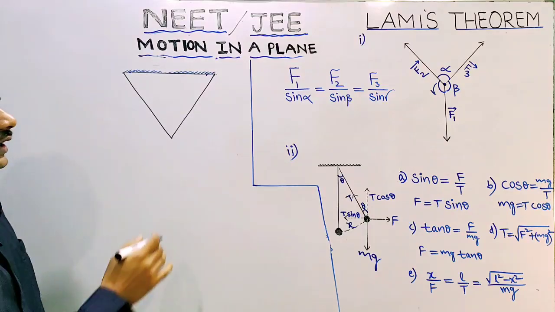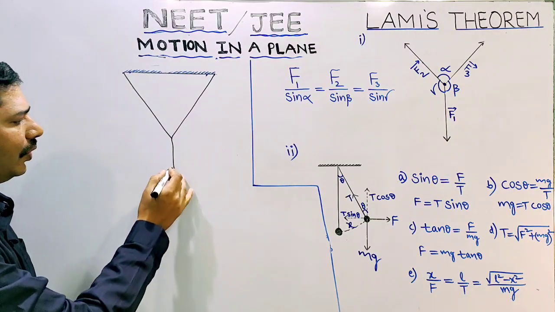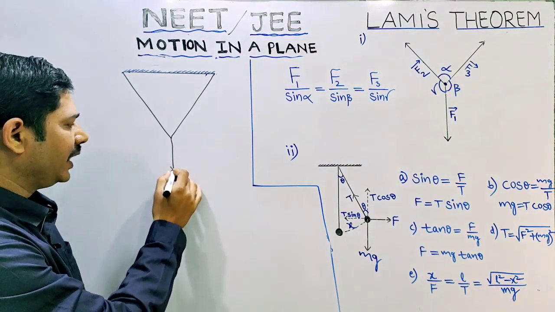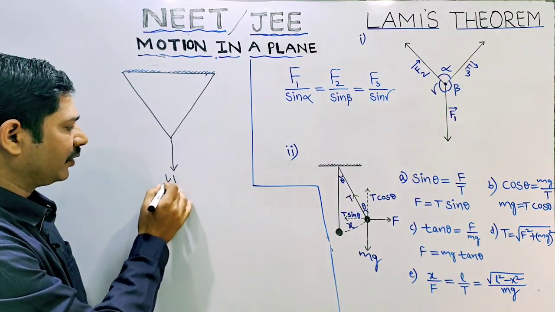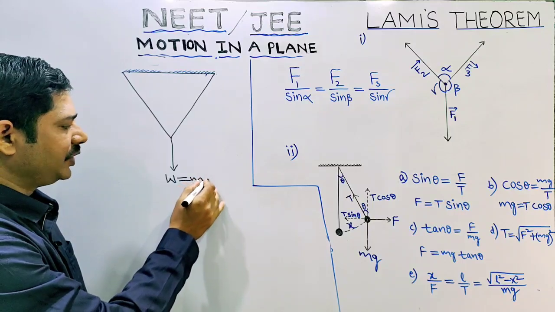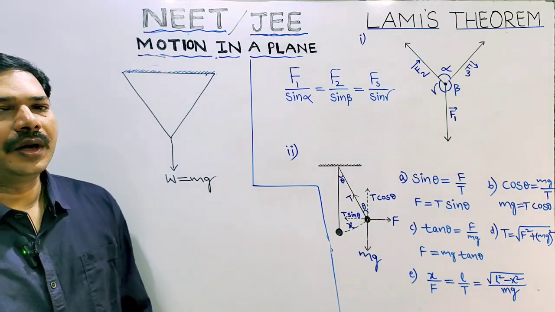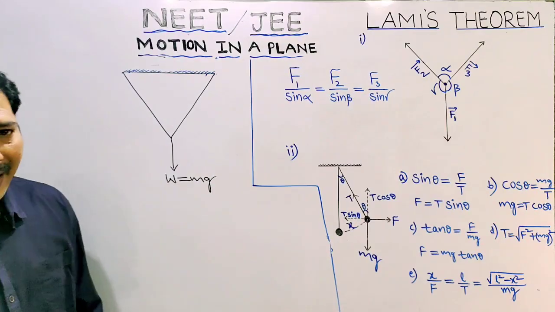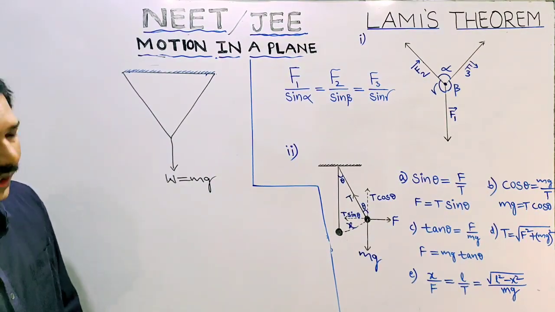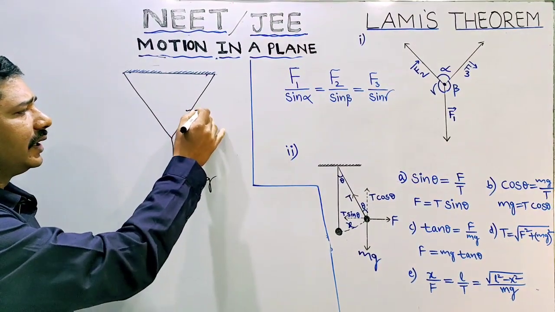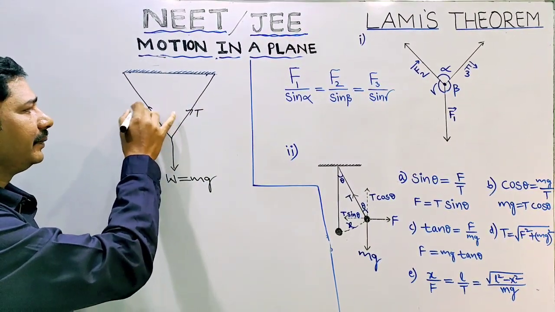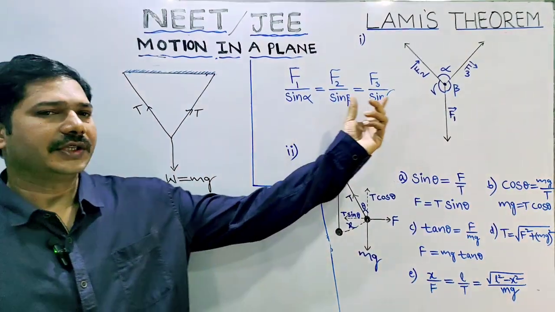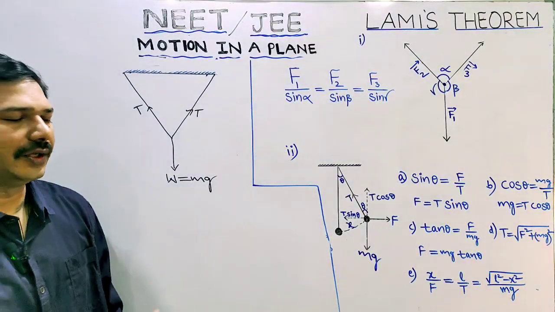Here we can take the load or weight of the boy as mg, or W. The tension in the hands, both sides are the same, I am taking T. By Lami's theorem, this one also we can find out in the same way.